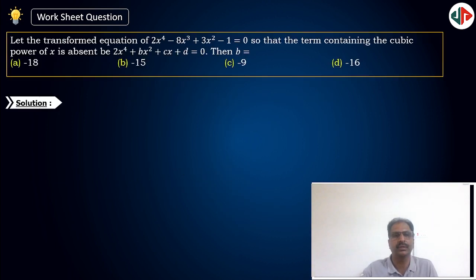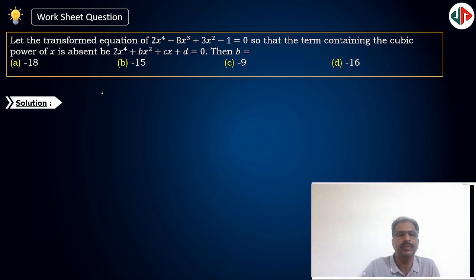Next question. Let the transformed equation of 2x power 4 minus 8x cube plus 3x square minus 1 is equal to 0, so that the term containing the cubic power of x is absent. That is, you have to remove the second term.